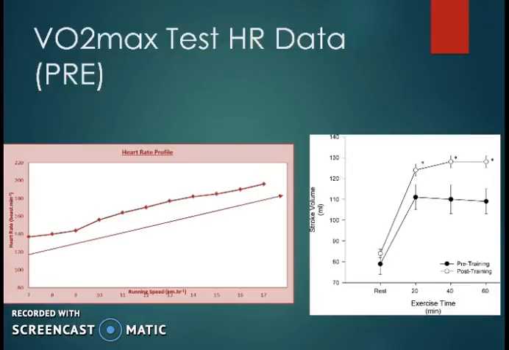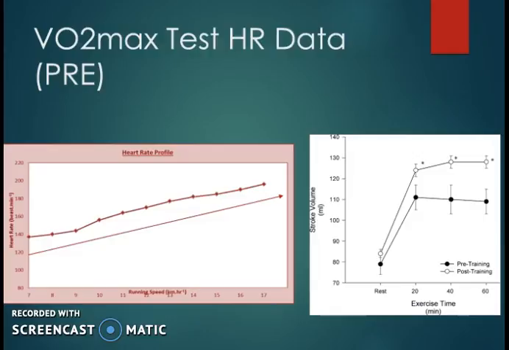Now, if we take a look at VO2max test heart rate data, this is before exercise and after exercise. We can see that before exercise, which is the top line, before you start your 6 week period, it starts out on the heart rate profile graph around 139 BPM, and it goes up quite steadily.